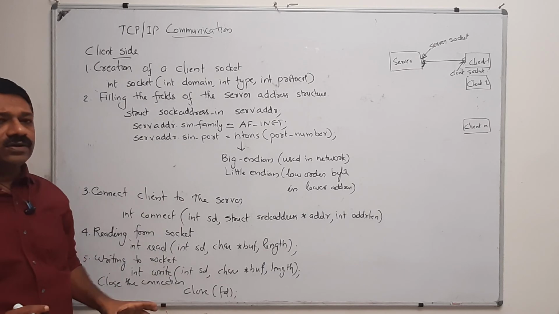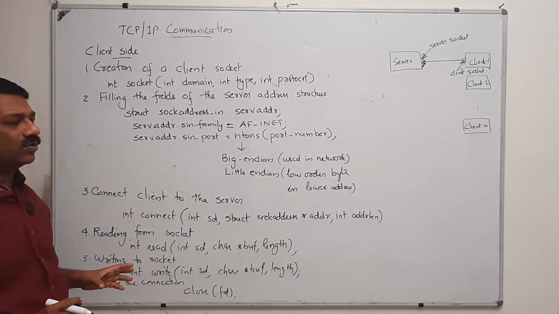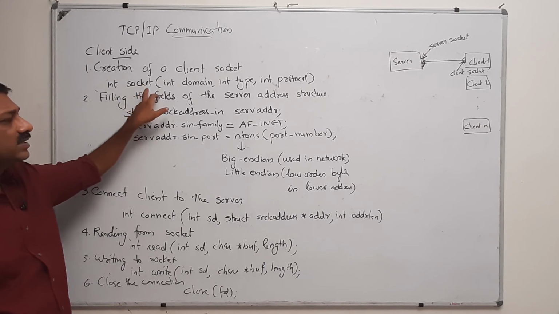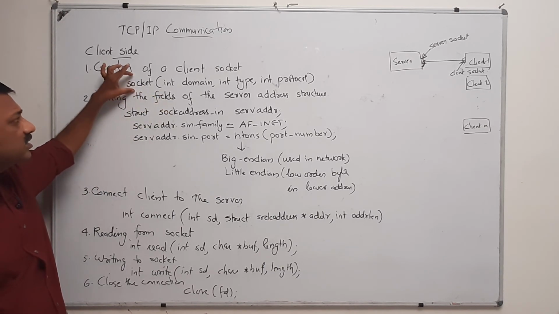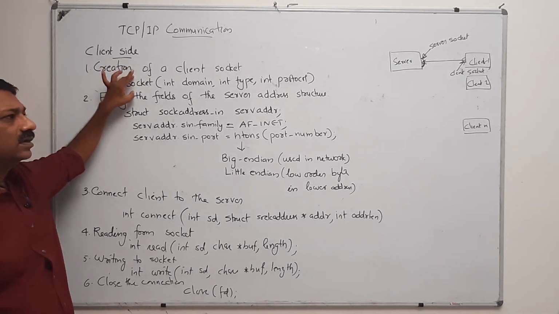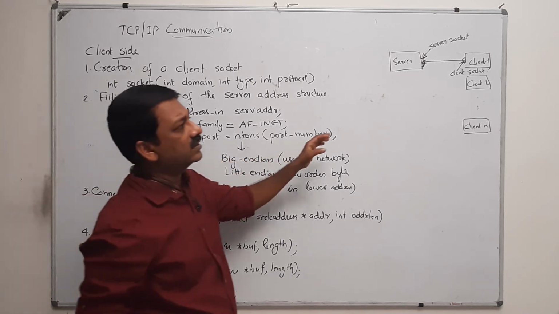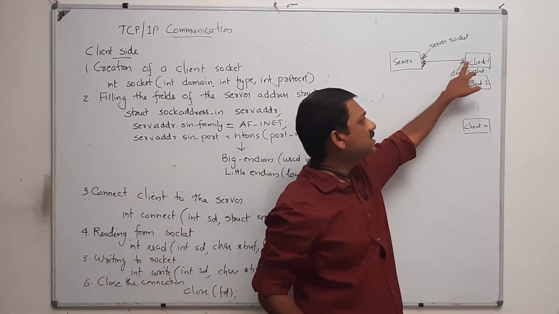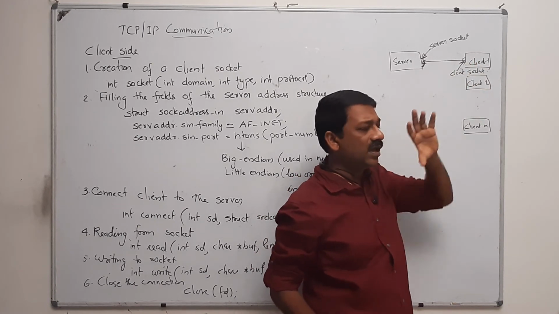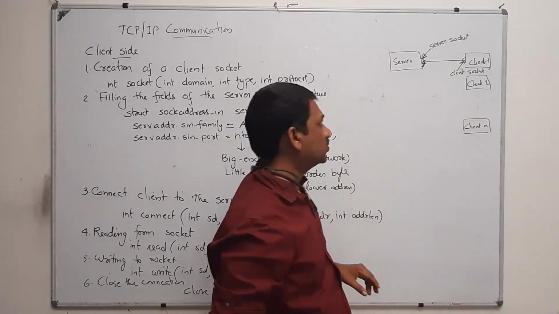When you are writing a program, first of all we have to create a socket using the socket system call. When the socket system call is executed, it will automatically create a socket. That means this is the end point of communication for this client.